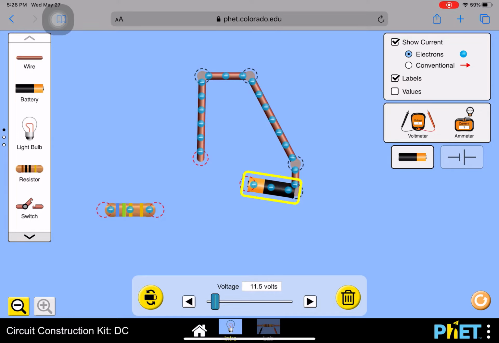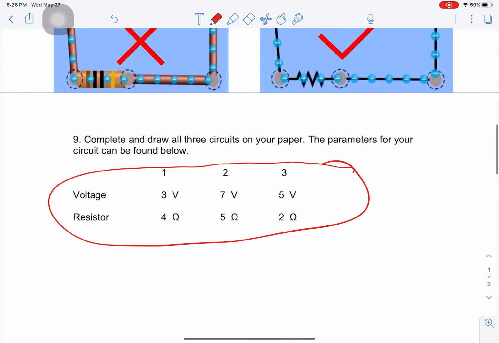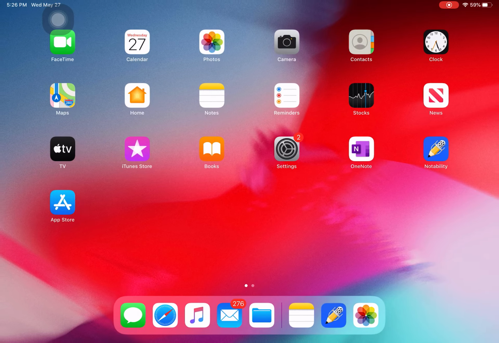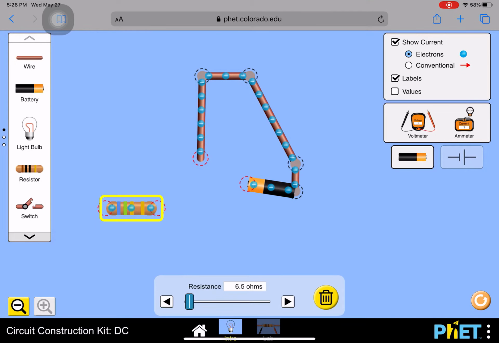So if, in fact, we go back to our directions, the first one that we need to build has a voltage of 3 and a resistance of 4. Okay, so back to this tab. So let's go ahead and I need 4 here. 3, 4. Oh, there we go.